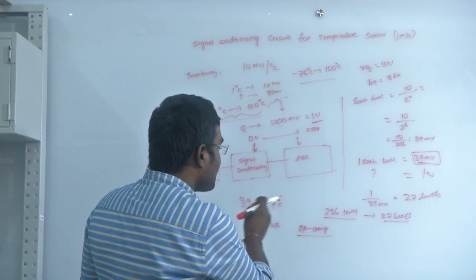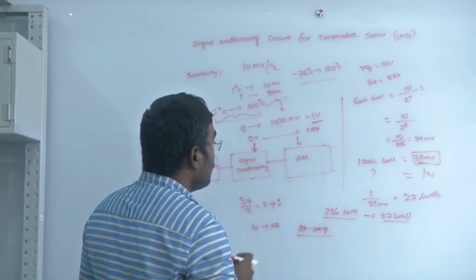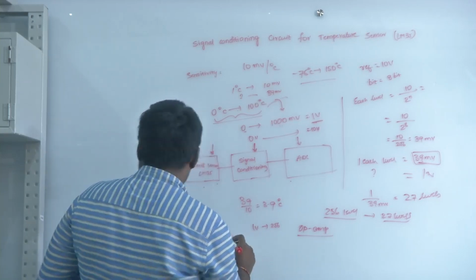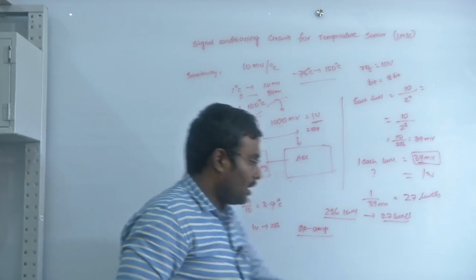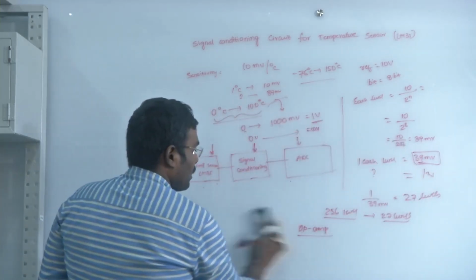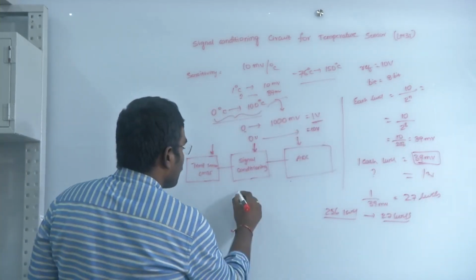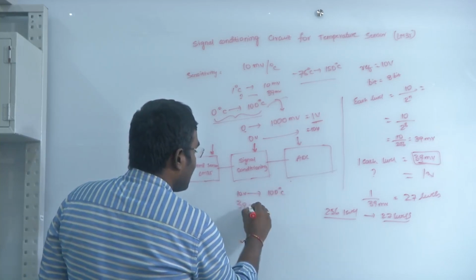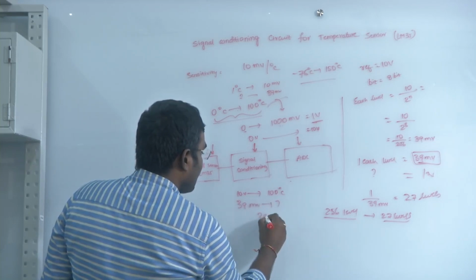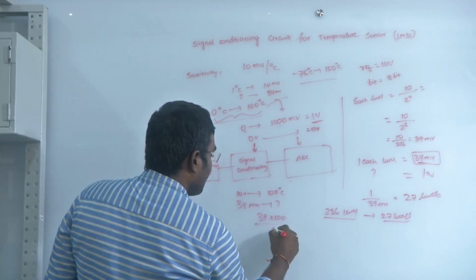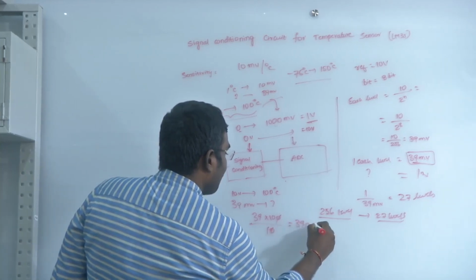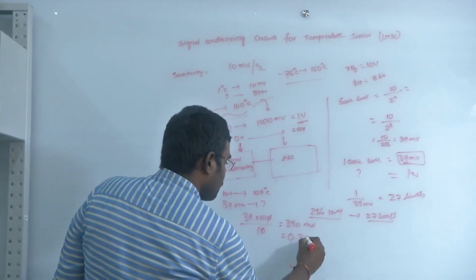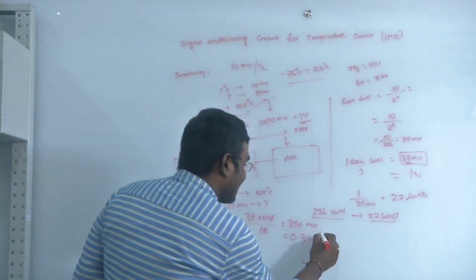So, what is the resolution of the complete system right now? If we recalculate, 10 volts is represented with 100 degrees centigrade, and now I am getting 39 millivolts. So, 39 into 100 divided by 10, which is 390 millivolts. The resolution is then 0.39 degrees centigrade.